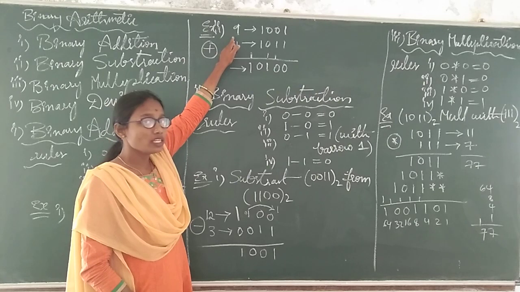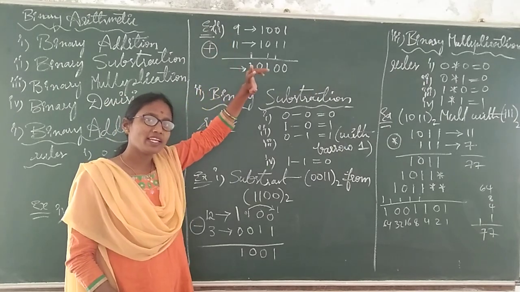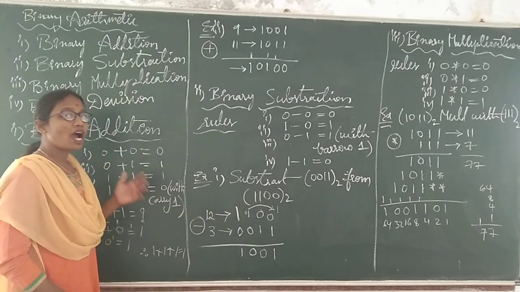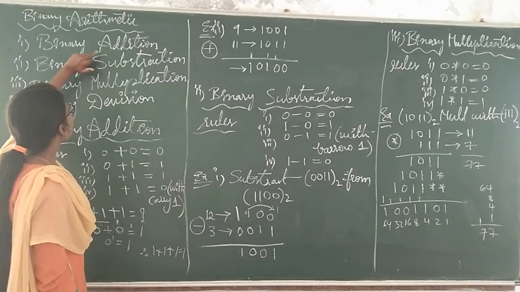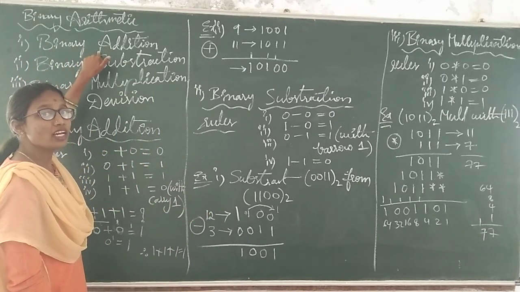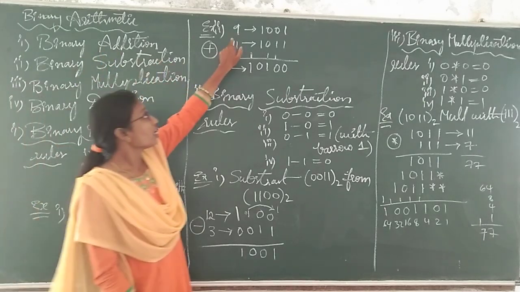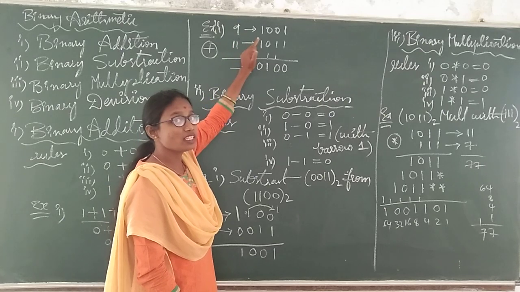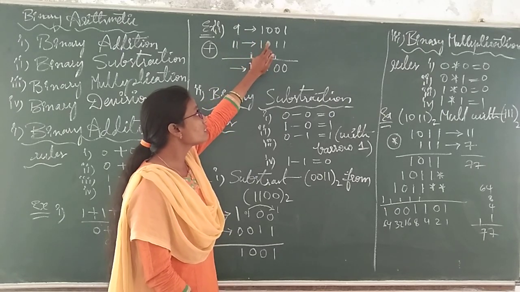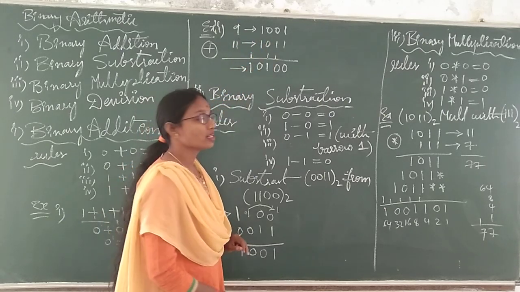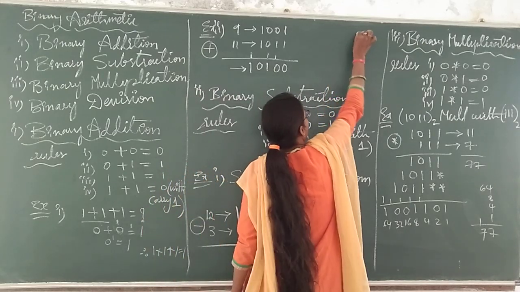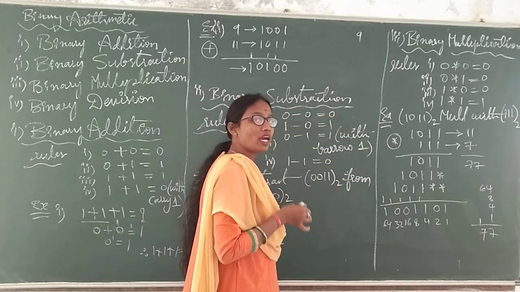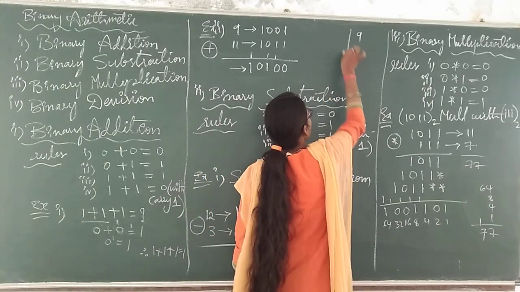We are converting this decimal to binary because we are doing binary addition. Here 9 is a decimal value. After converting to binary, the result is 1001. Here I am converting the decimal value 9 to binary by dividing with 2.